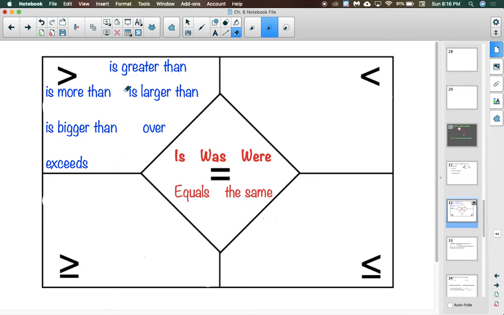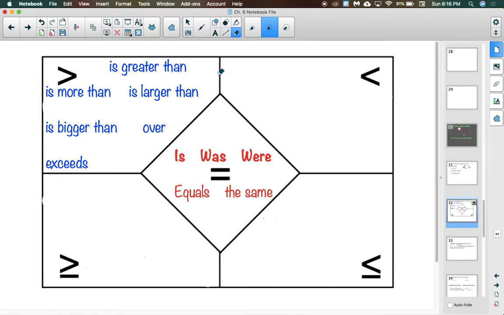Okay, so something these all have in common is that they're going to start off with is or was or were to kind of help us set that up. So they're starting off with a word that would have told us where to place the equal sign, but they're including these phrases that tell us it's not an equal sign, it's an inequality sign to use in its place.